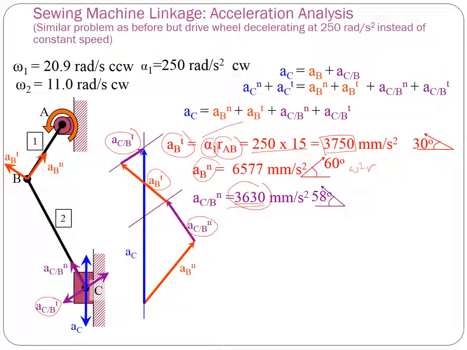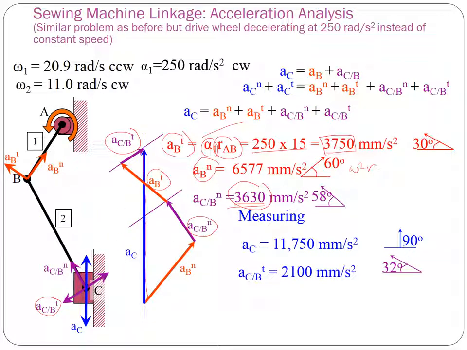Now we can draw AC directly above here, going vertically upwards. That means it's decelerating at a higher magnitude due to the deceleration of A here. It was not done naturally. So by measuring, we'll be able to find AC equals 11,750 millimeter per second square, 90 degrees upwards, and ACBT is equal to 2,100 millimeter per second square.